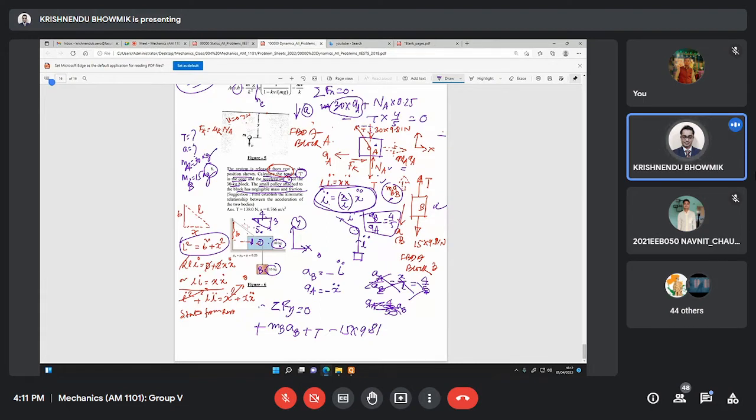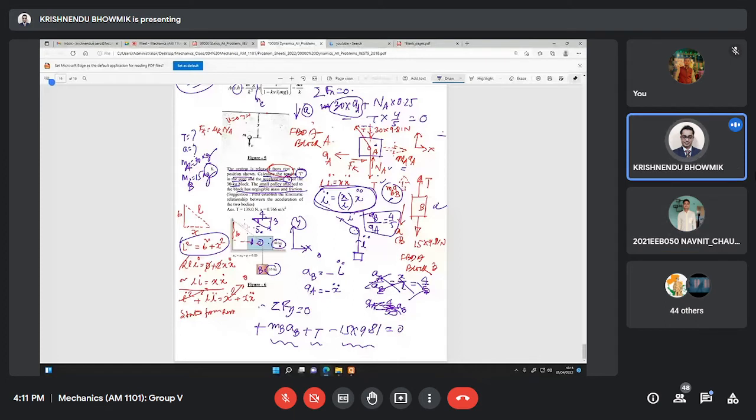Anything I missed? No, correct? That equals 0. This is the self weight, this is T, and this is the acceleration. Nothing else. That's all.